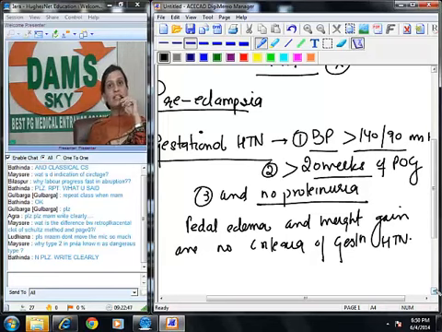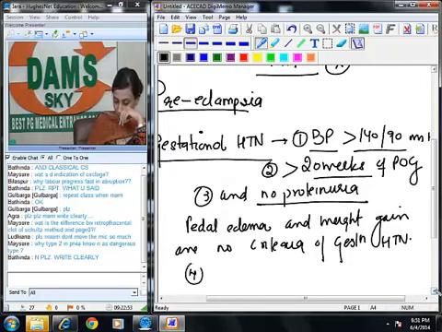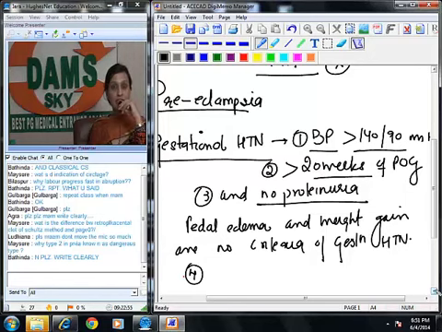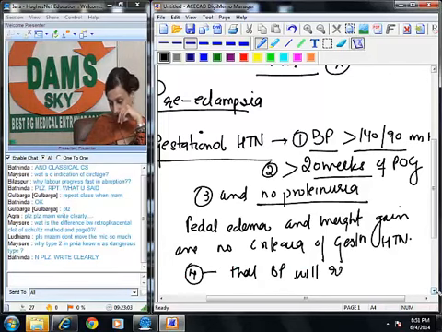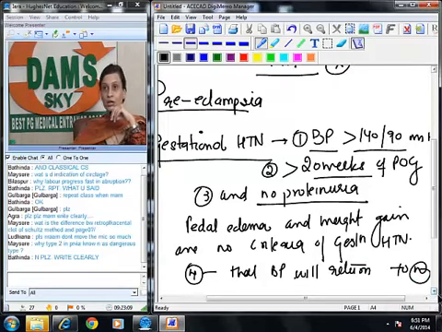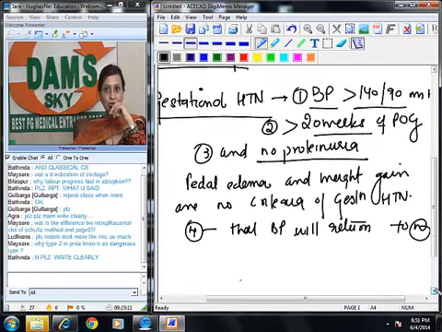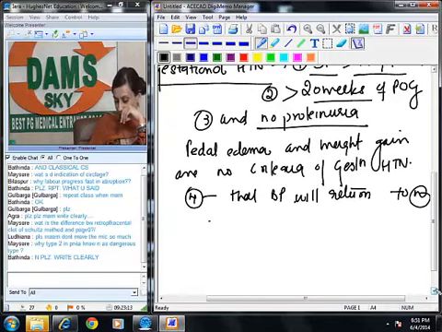We have removed these criteria now. So these are the three criteria we use for gestational hypertension. There is also a fourth criterion for gestational hypertension, and the fourth criterion is that the blood pressure will come back to normal. The blood pressure will return to normal within 12 weeks of delivery of the baby.